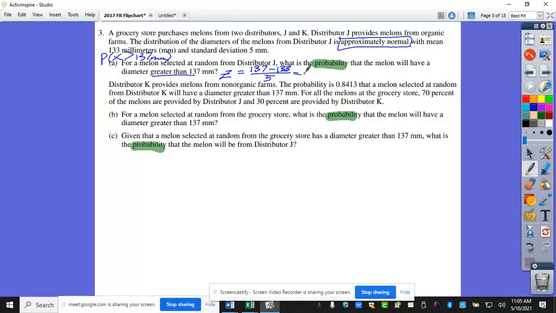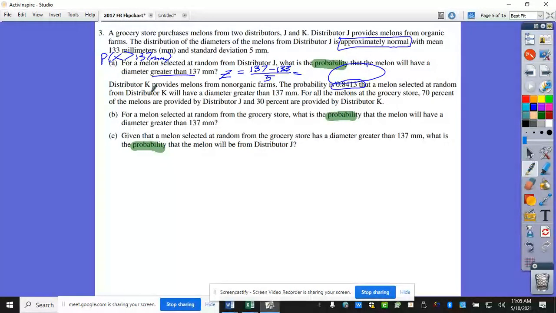All right, distributor K provides melons from non-organic farms. This is the probability the melons selected at random from this distributor will have a diameter greater than 137. So here is my probability for distributor J being greater than 137. Here is my probability for distributor K being greater than 137.